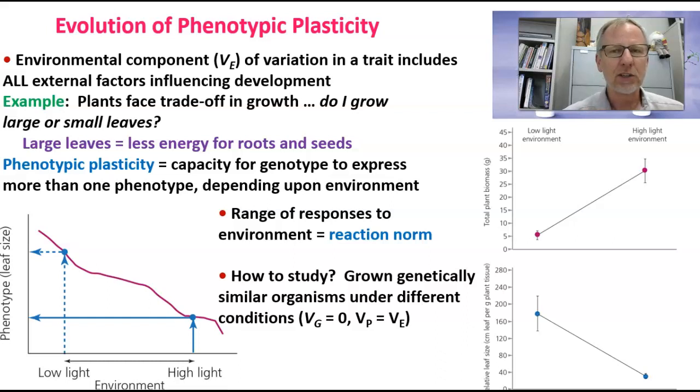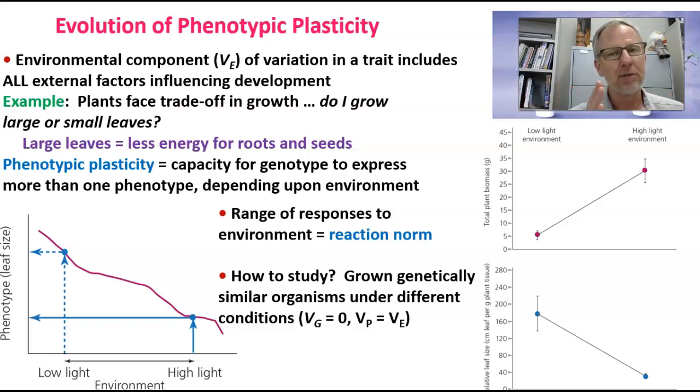So as I've already mentioned to you on the slide, the way that you study phenotypic plasticity is growing genetically similar organisms under different conditions, like the plant example on the right is showing you, and the graph on the bottom corner. So by doing that, the variance in genetics is 0 if every plant is genetically identical.